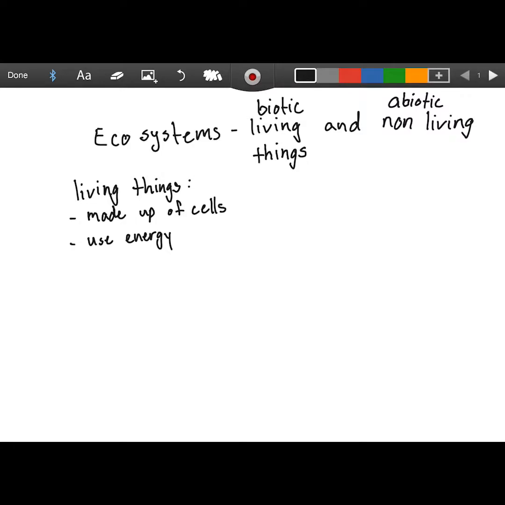Does anyone know what kind of energy they use? For the most part, they do use chemical energy. So let's go ahead and put that in parentheses, chemical. Use energy and expels waste. Expels is a fancy word for get rid of.